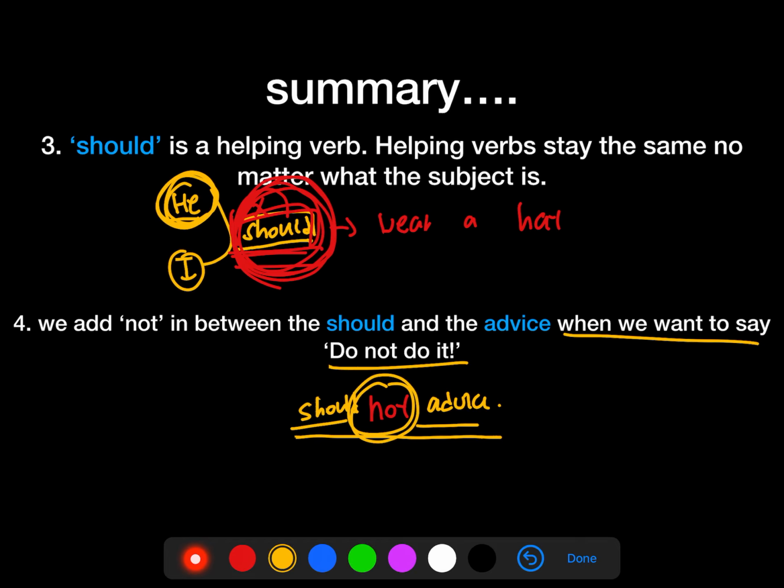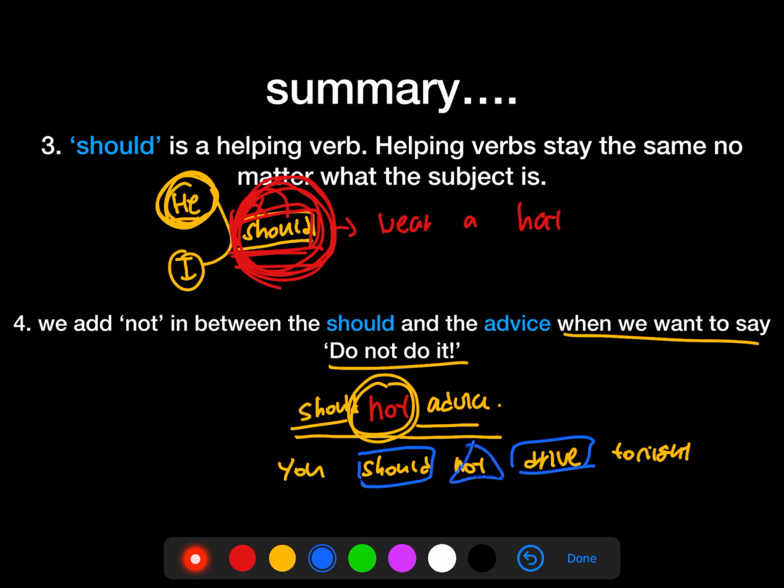So as an example, you should not drive tonight, like this. So there is a modal verb should and the main verb drive, and we put not in between these words, should and drive.